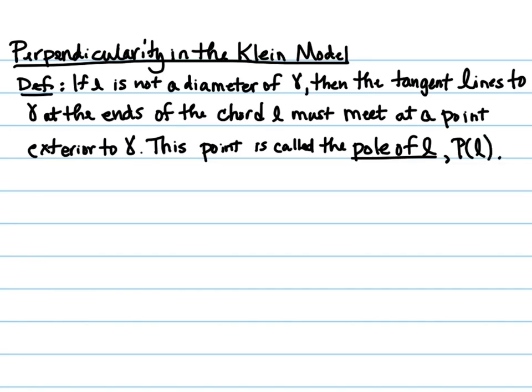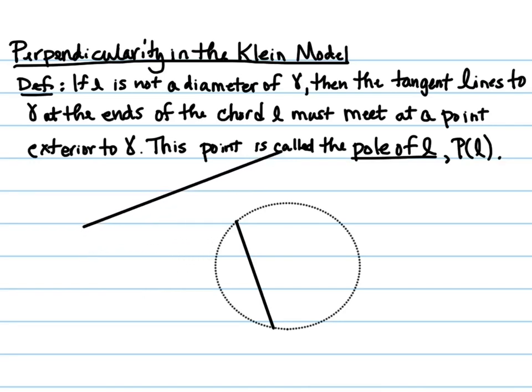And just as a reminder from that assignment that you did, here's your circle, gamma. As long as we have a chord that is not a diameter, I'll go with this one, we can create tangent lines at each of the endpoints on the circle.